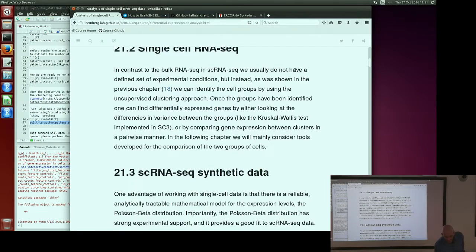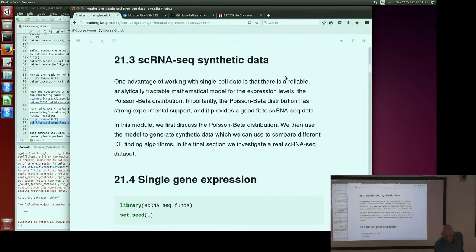And what we're first going to be discussing is synthetic data. One of the problems, as you probably realized when dealing with single-cell data, is that we don't really have the ground truth. And as we mentioned before, it's very difficult to carry out meaningful validation experiments using orthogonal methods.